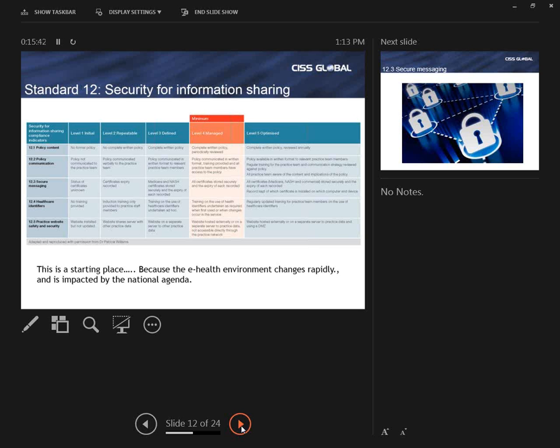So if we look at the standard, we start off again down the left-hand column with policy content, the communication of the policy, secure messaging, as I've just mentioned, healthcare identifiers, and practice website safety and security. So in this standard, it's also a minimum 4 that practices need to meet to be compliant.